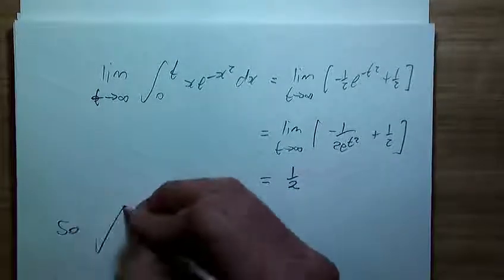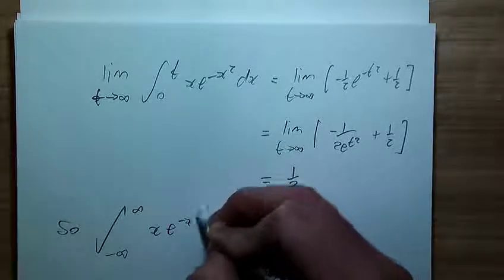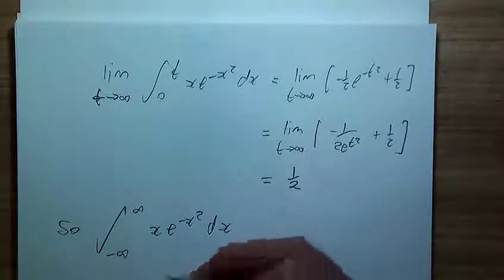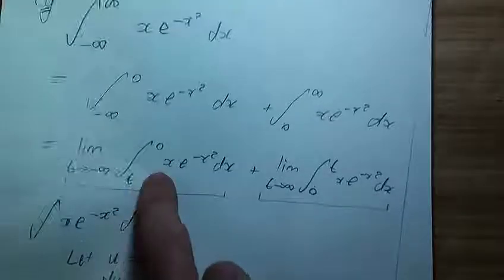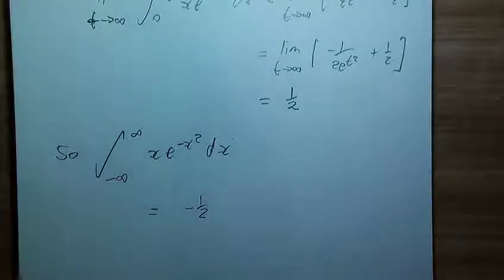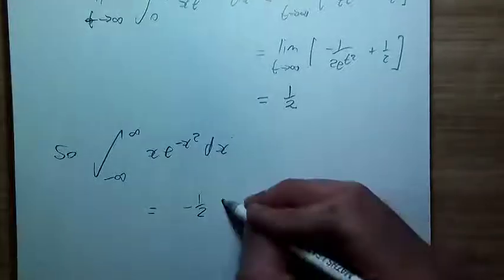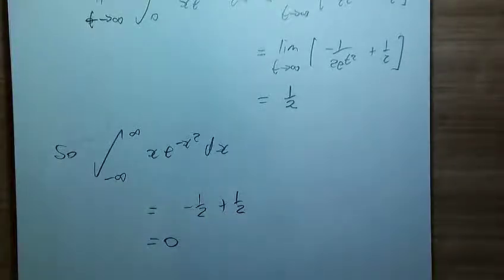So this is going to come out to the answer we got for this, which came out to minus a half, and the answer we got for this, which came out to a half, which comes out to 0. How unsatisfying.